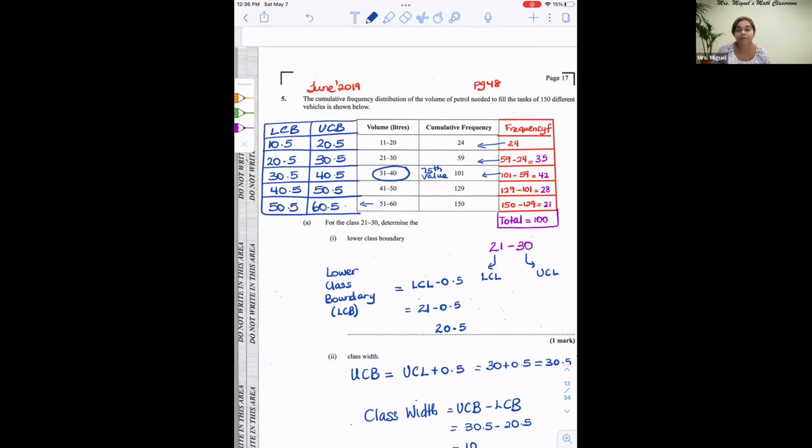Do you all have that? Yes, miss. Notice that these numbers are the same because for a histogram, the bars are joined together. And the class width is the difference here, and the class width is 10. So the bars are of equal width. So we're going from 10.5 all the way to 60.5.